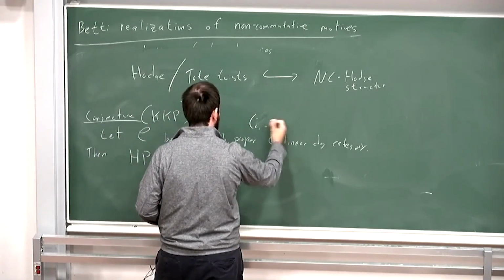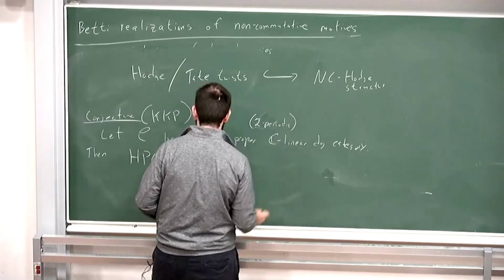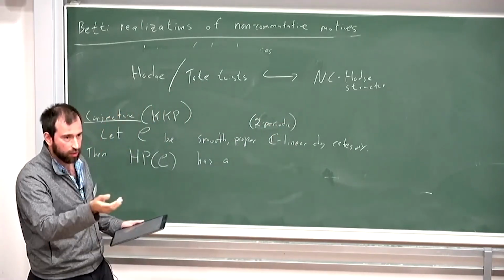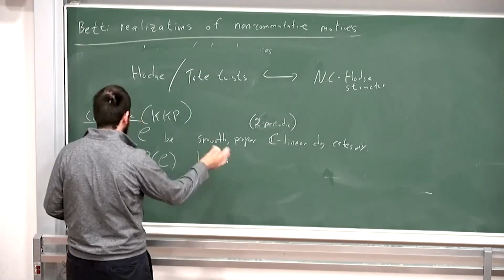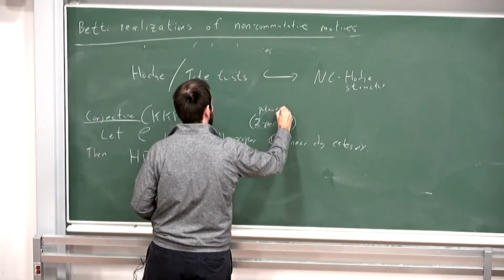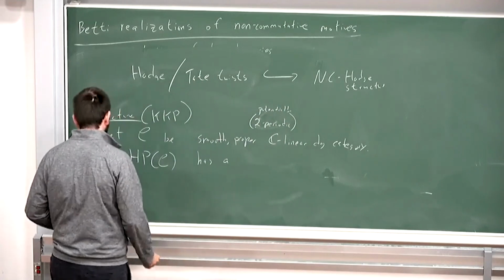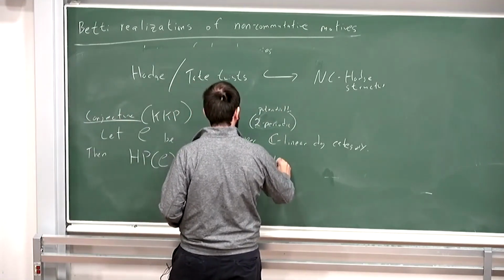Let me write 2 periodic. So 2 periodic in the sense that from Marco's talk, these matrix factorization categories are an example of a 2 periodic category. But it doesn't have to be potentially 2 periodic. So then periodic cyclic homology has a NC Hodge structure.